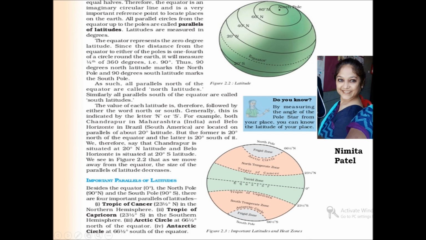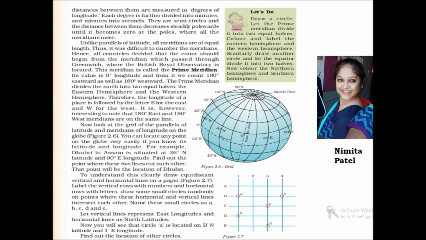This is the region where the sun is exactly overhead in the afternoon. The area bounded by the Tropic of Cancer and the Arctic Circle in the northern hemisphere, and the Tropic of Capricorn and Antarctic Circle in the southern hemisphere, have moderate temperature.